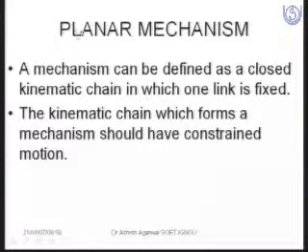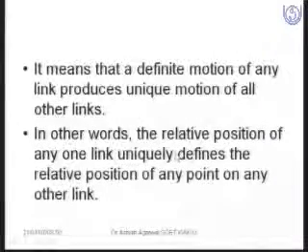Now we will come to the planar mechanism, or what is a planar mechanism. A mechanism can be defined as a closed kinematic chain in which one link is fixed. The kinematic chain which forms a mechanism should always have constrained motion.